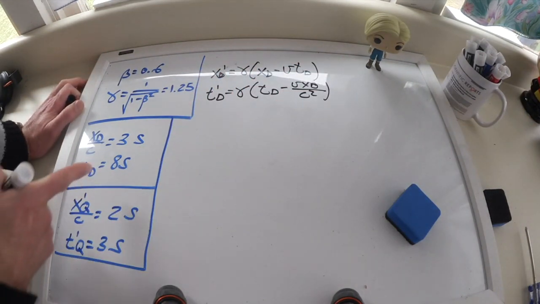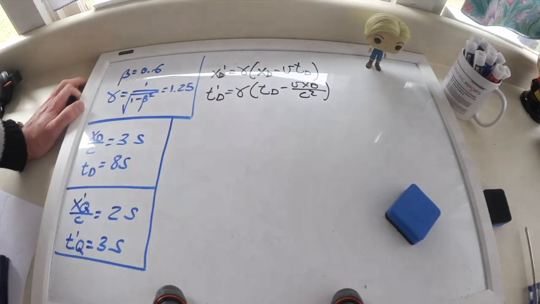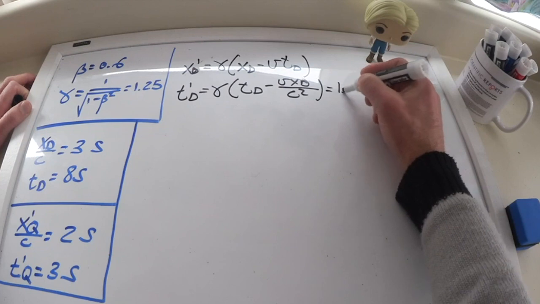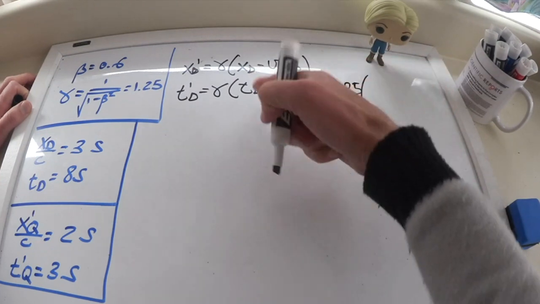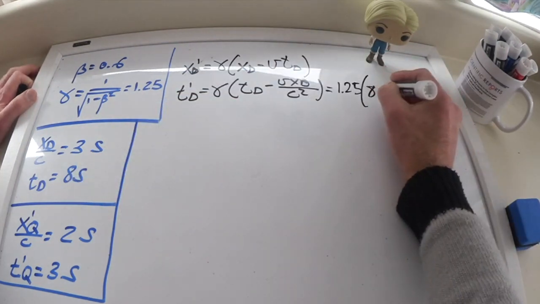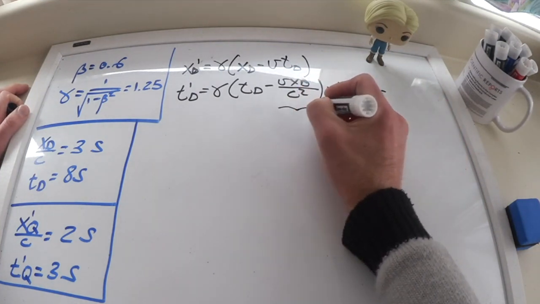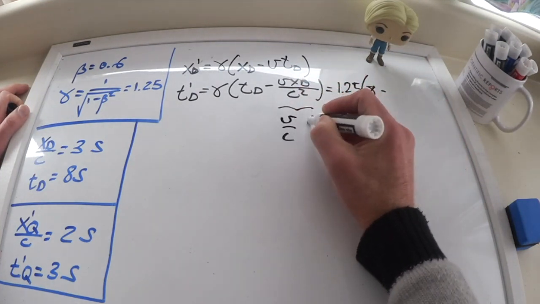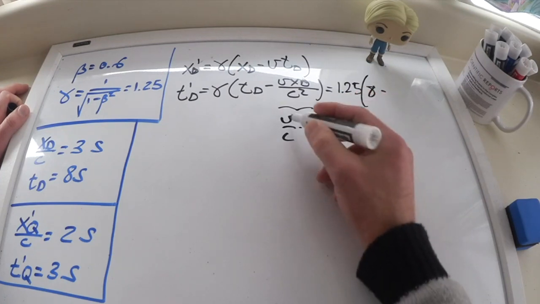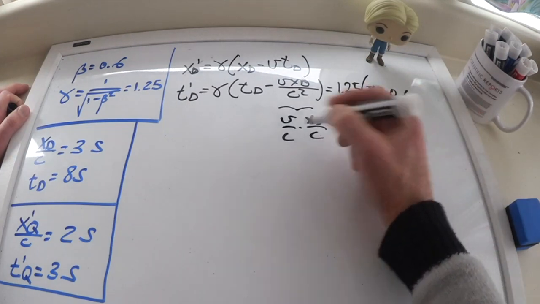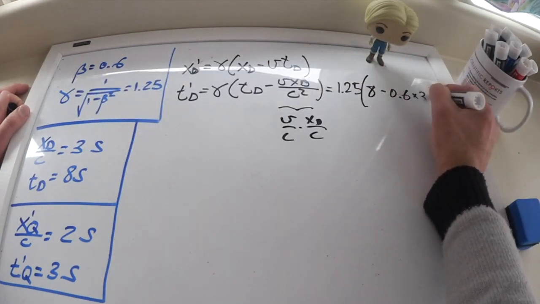In order to find the time, I will substitute here: gamma is 1.25, t_D is 8 seconds, minus V over C, which is beta, 0.6, times x over c, which is 3.